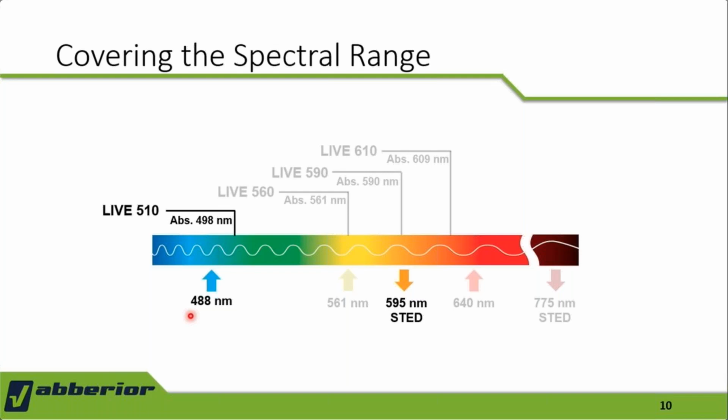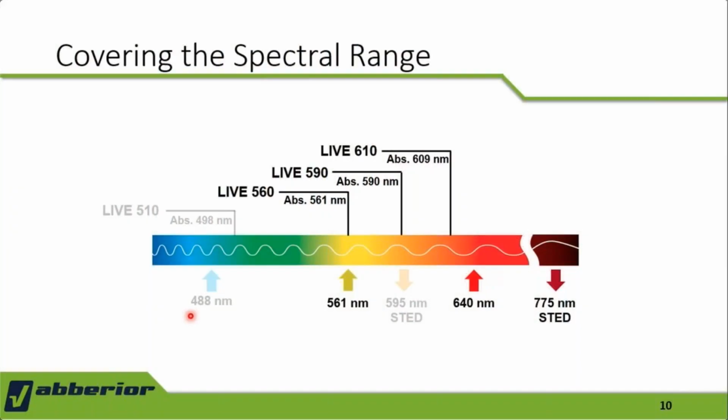And in the yellow, orange, and red region, we have these fluorophores called Life 550, 560, 590, and 610, which can be excited either with the 561 nanometer laser or with the 640 nanometer laser, and can also be used with the 775 nanometer STED laser.